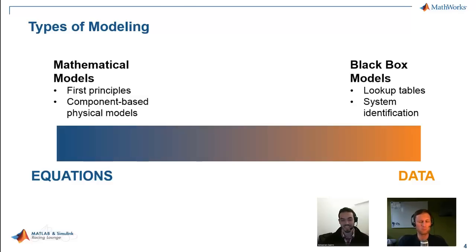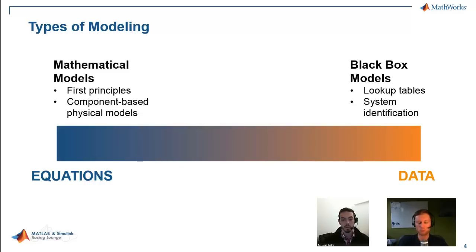Yep, that's exactly right. So as you see on the right there, the black box models kind of fit this situation that we're talking about. There are a few things you can do. If it's a pretty simple component, you can create a lookup table. What a lookup table is, you basically have just a very simple relationship between the inputs and the outputs.